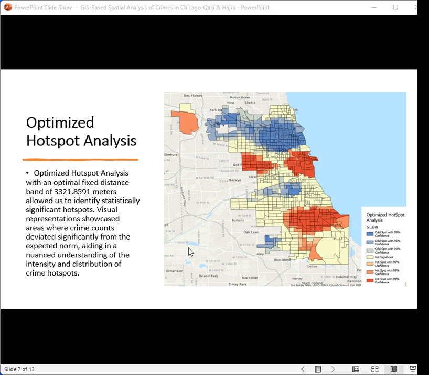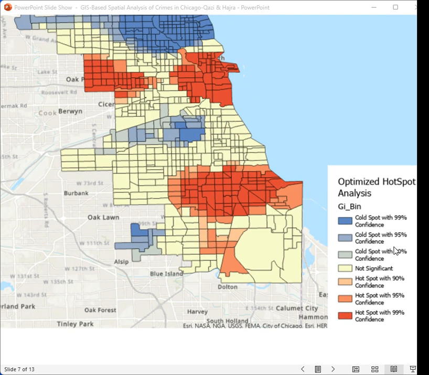As you are seeing here, the red area is hotspots where there are lots of crime incidents, and the blue area is cold spots.